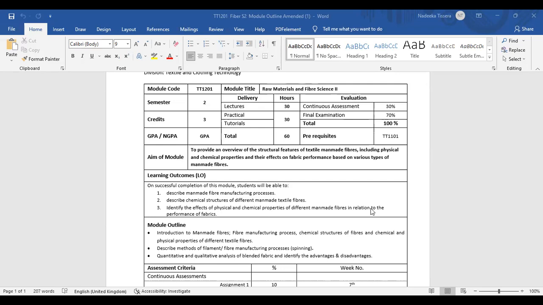But one of the key differences between a natural fiber and a man-made fiber is that in man-made fibers we can control the length of the fiber because it is done by man. In natural fibers we cannot control the fiber length mainly. We can have control to a certain level. The length is not continuous. If you take a cotton fiber, there are fibers with different lengths. It could be short, it could be long.